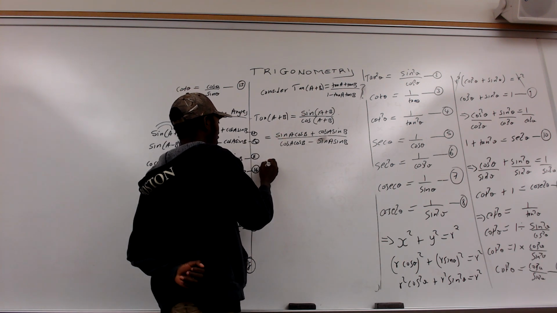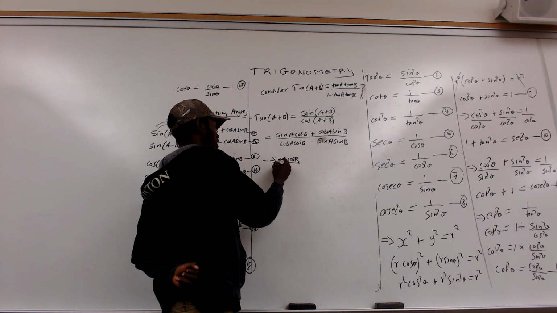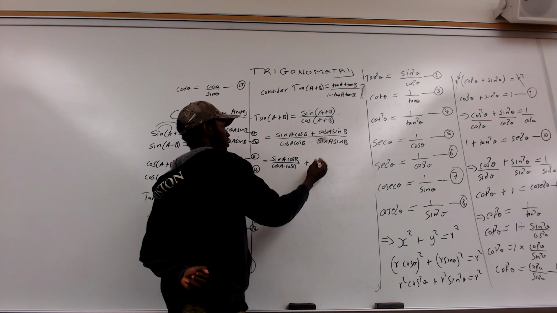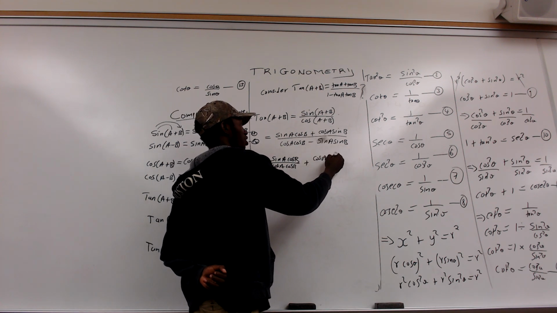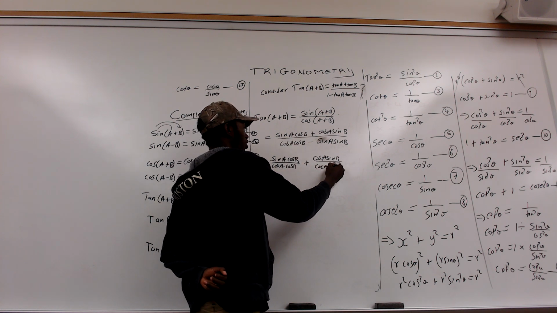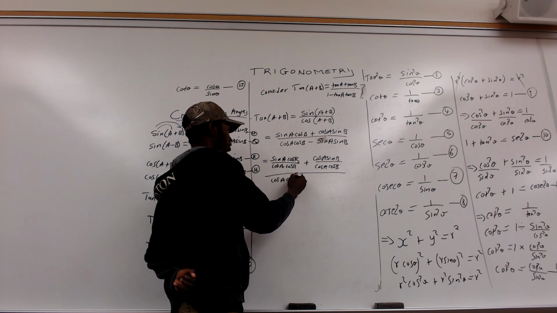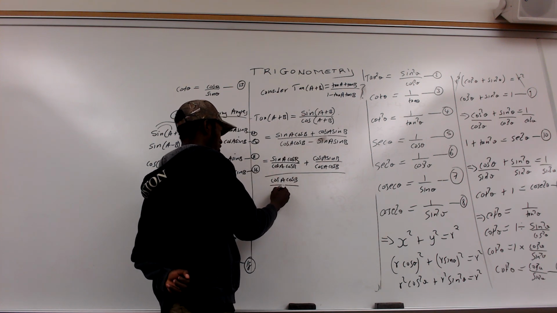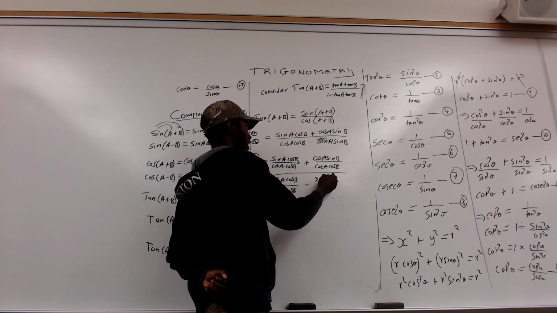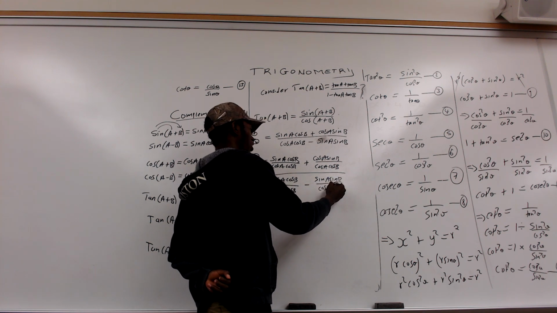We have sin A cos B divided by cos A cos B, plus cos A sin B divided by cos A cos B, all divided by cos A cos B divided by cos A cos B, minus sin A sin B divided by cos A cos B.